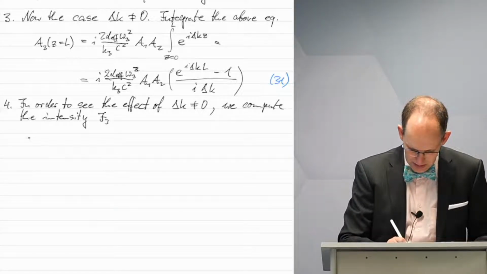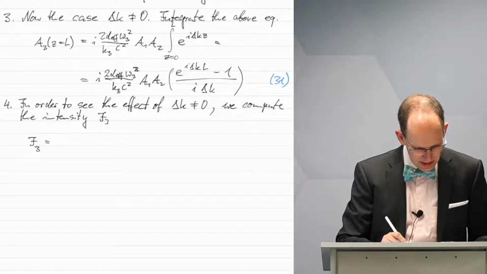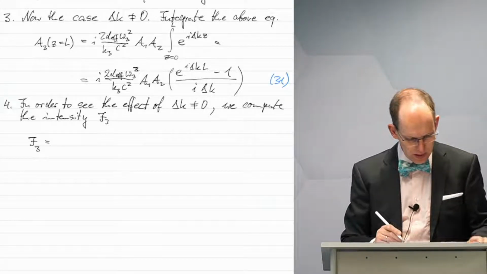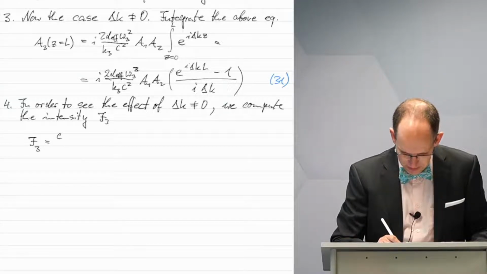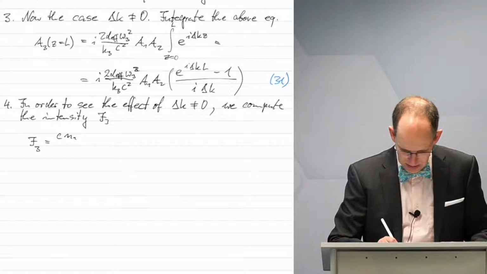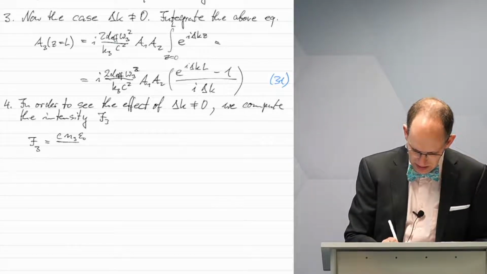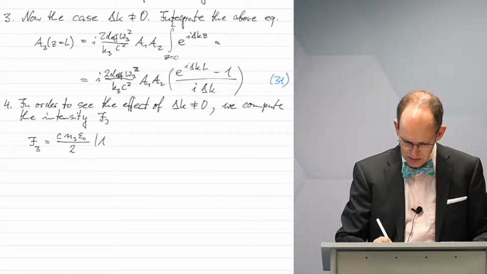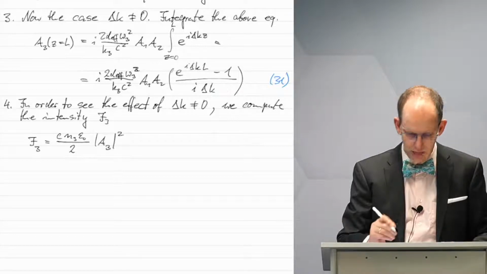The intensity is proportional to the amplitude squared. Specifically, it is c times n3 times the field constant divided by 2 times the magnitude of the amplitude squared.